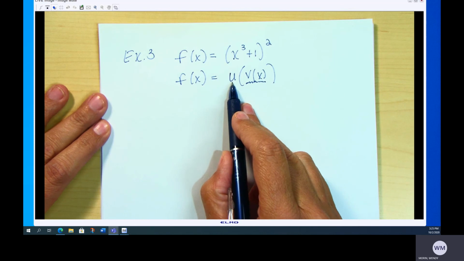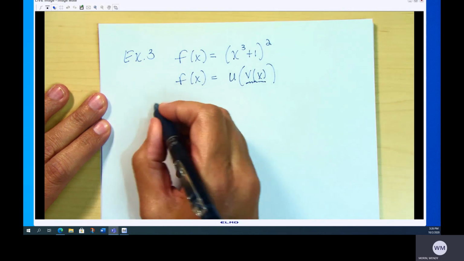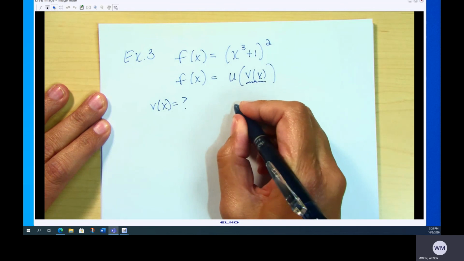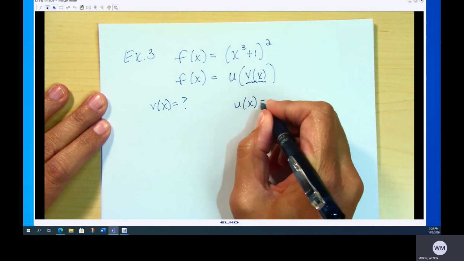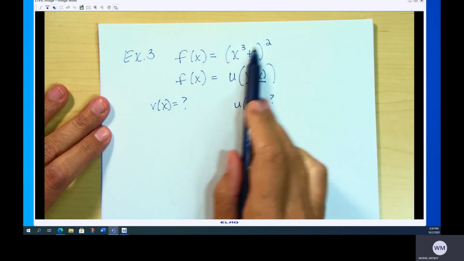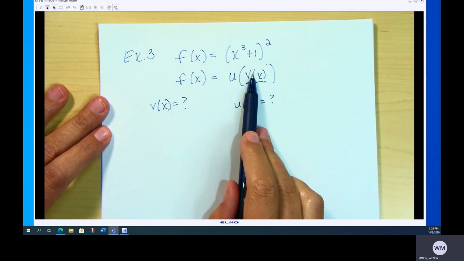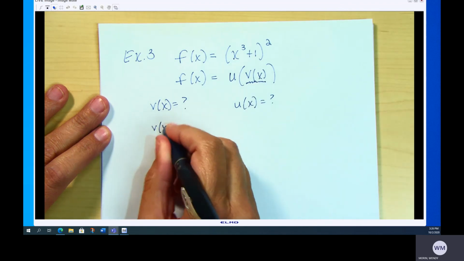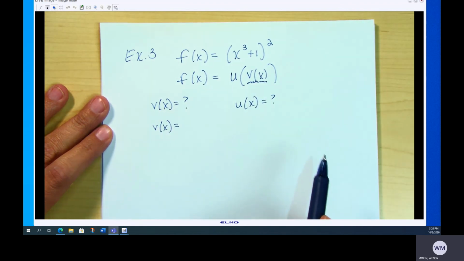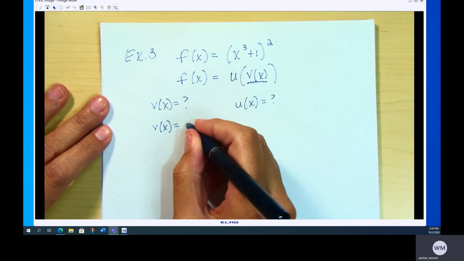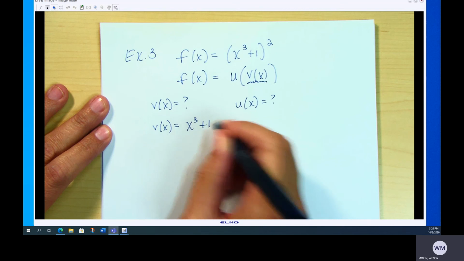So can you think backwards and try to figure out what v of x is and what u of x would have to be? If this is the composition, what did you plug in? What did you substitute in? Well, looking at this, this is my inside, I substituted in x cubed plus 1.